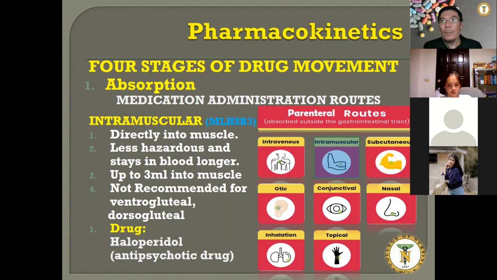Intramuscular may not be recommended for ventrogluteal and dorsogluteal. What do you mean by that? It's part of the muscle. If you will recall in anatomy and physiology, the parts of the ventrogluteal and the dorsogluteal. Class, why? Because these are the situations with greater chances of nerve damage.